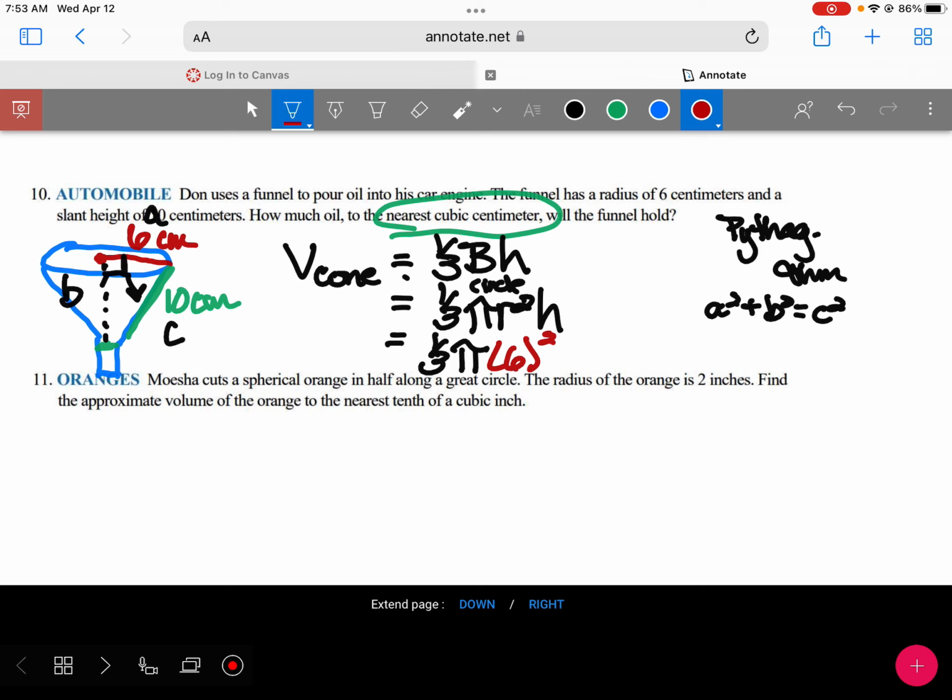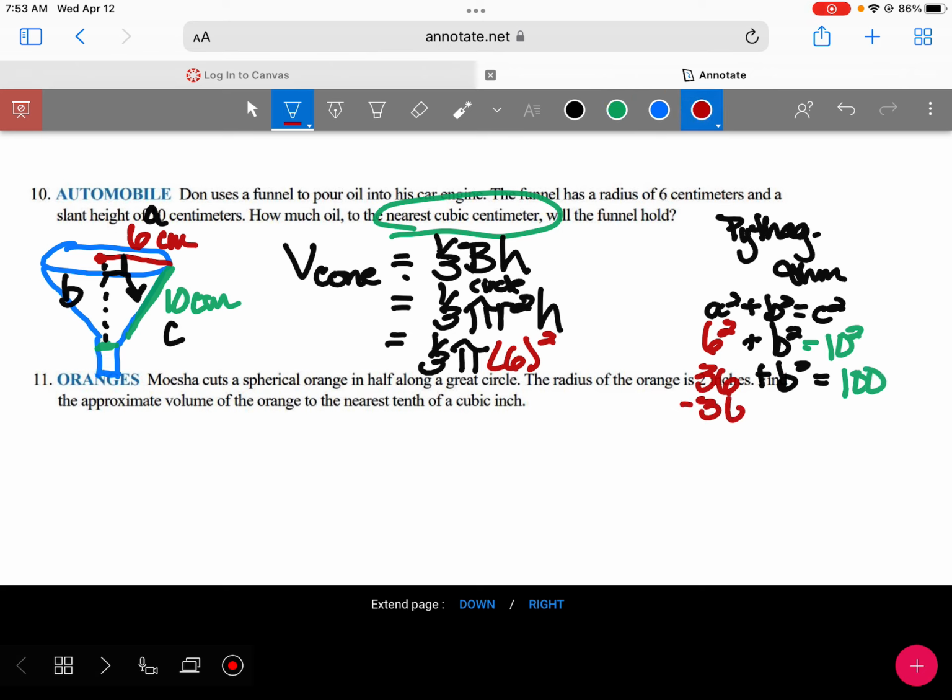So 6 squared plus b squared equals 10 squared. 6 squared is 36 plus b squared equals 100.